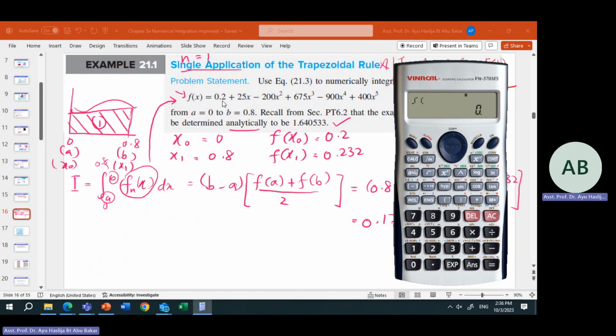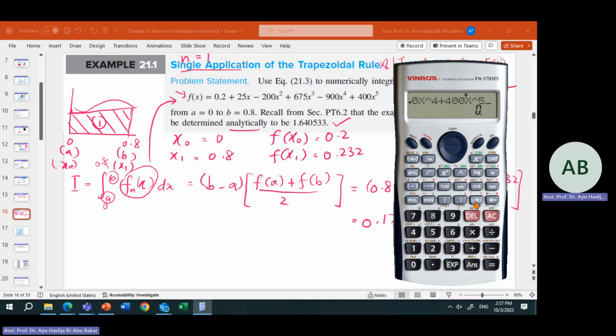Then key in the function over here, 0.2, key in the equation as usual using alpha x, then minus 200, up to 400x to the power 5.